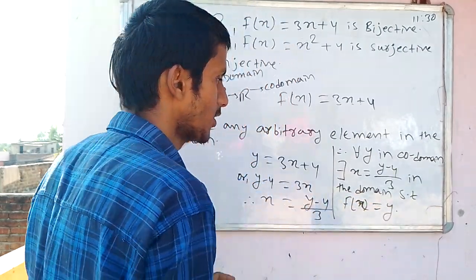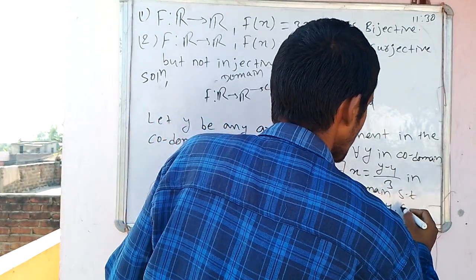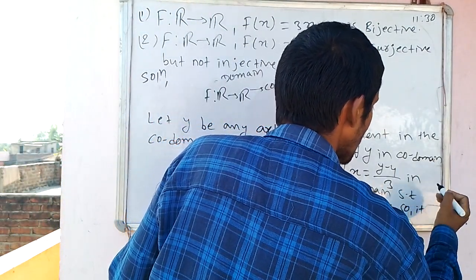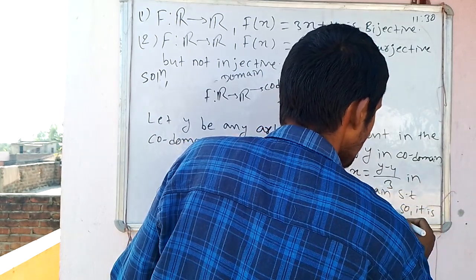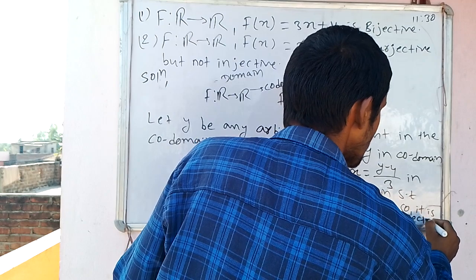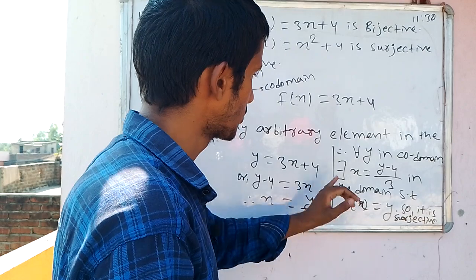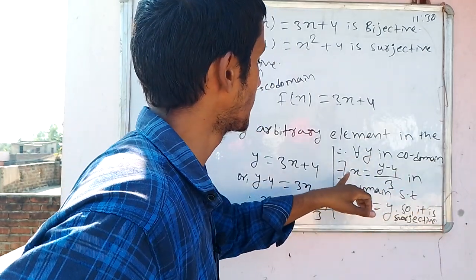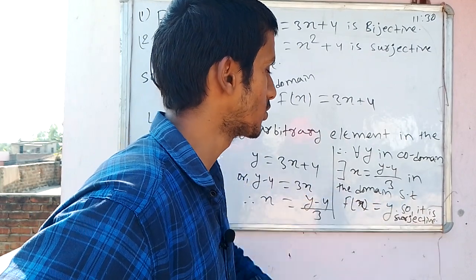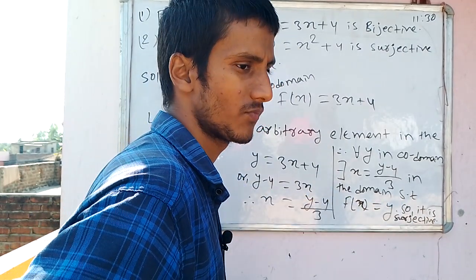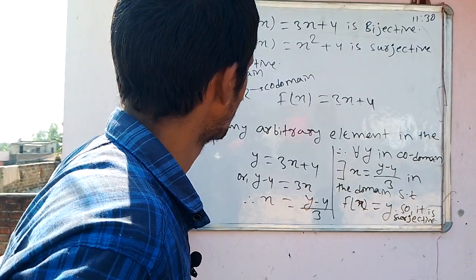Does it make sense? So the function is surjective. This proves surjection here. So for all y in the codomain, there exists an x in the domain such that f of x is equal to y. So it means that the function is surjective.